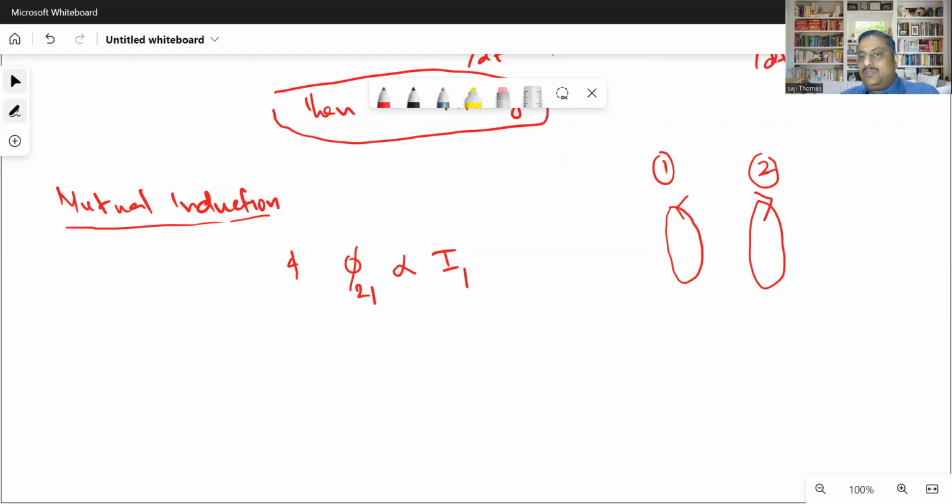When the current through the first coil increases, flux will increase. Induced current is developed in the second coil. That induced EMF tries to decrease the current in the first coil. This is mutual induction. So we can write φ2 equals a proportionality constant, M21, into I1. M21 is the mutual inductance of the second coil with respect to the first coil.